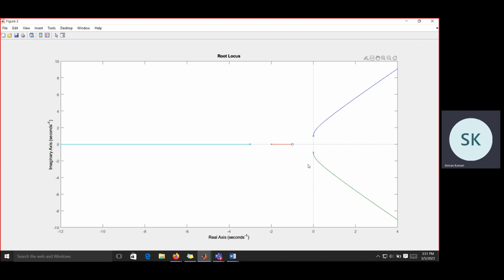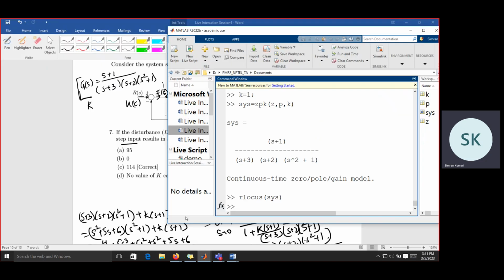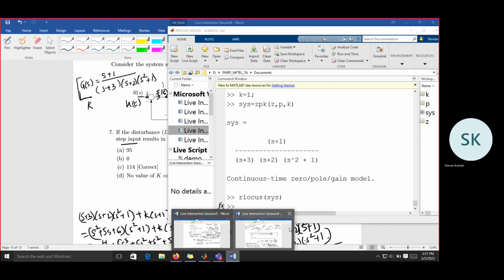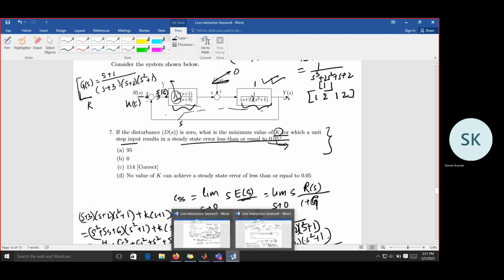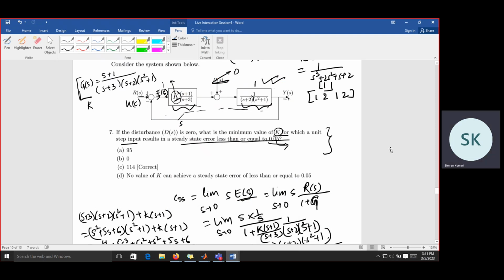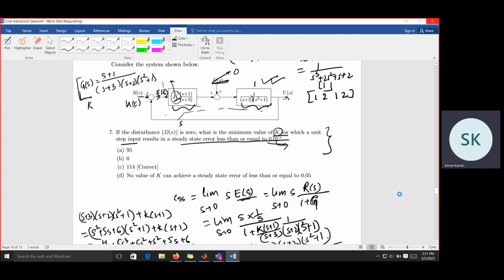Since there is one unstable pole, or we can say a right half plane pole, the system is unstable. This is what we had concluded last time, and from the root locus we have now verified this. Fine, so now we'll proceed to the next question.